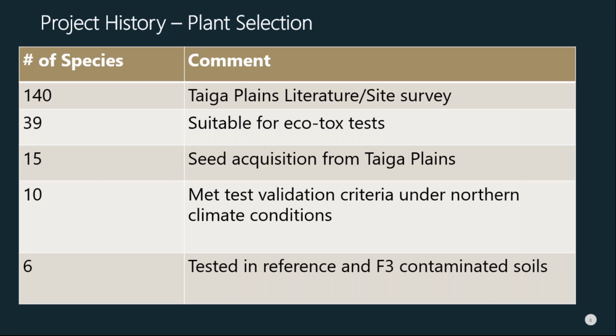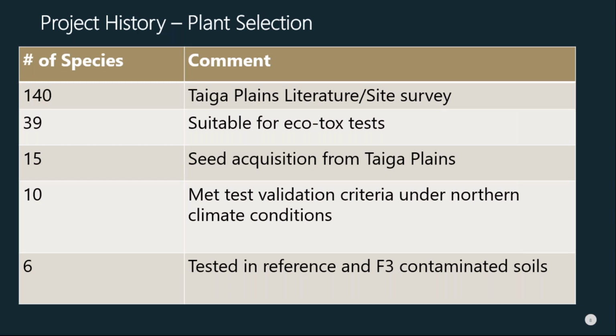The number of species was further reduced based on the seeds that could actually be acquired from the sites. Then laboratory testing under northern climate conditions started, and only 10 species were identified at that stage. From there, 6 plant species were actually used in the research project.